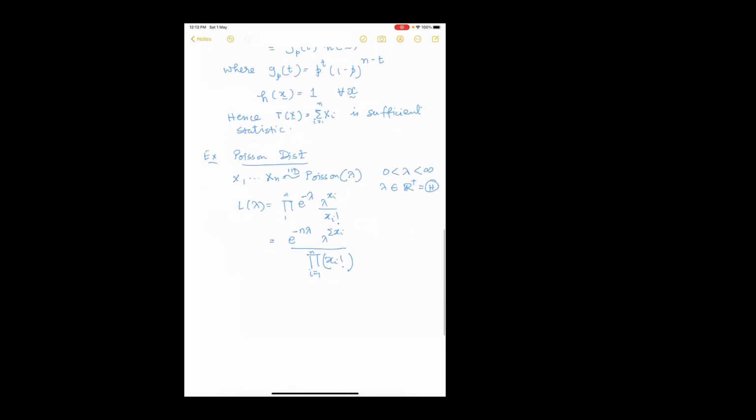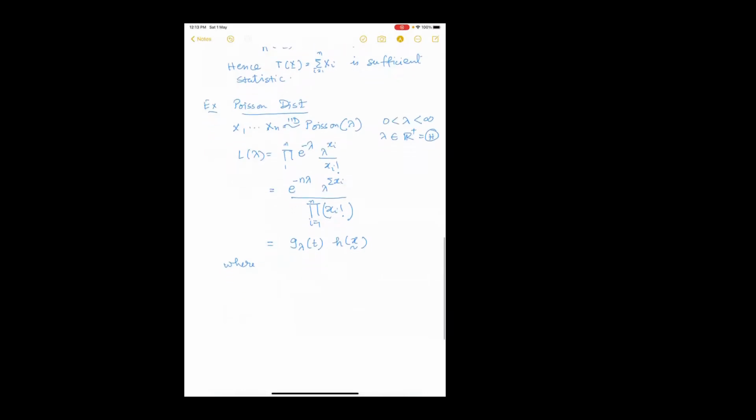Now you see, I can write it as g_lambda(t) h(x tilde), where g_lambda(t) is equal to e to the power minus n lambda, lambda to the power t, where t is summation xi. And h of x tilde, I can write it in this way. So this h of x tilde is completely free of lambda.